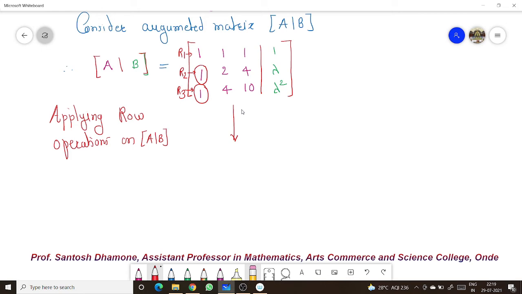Therefore, when lambda is not equal to 1 and 2, the given system has no solution.